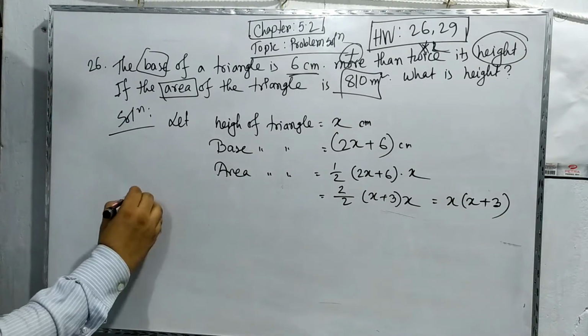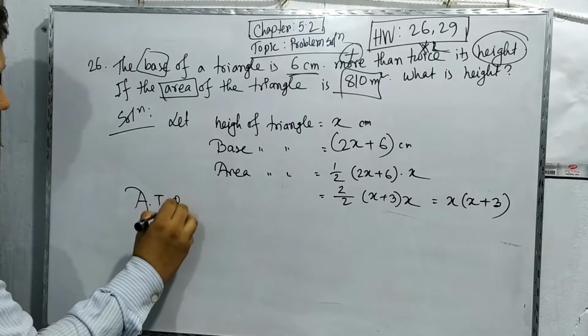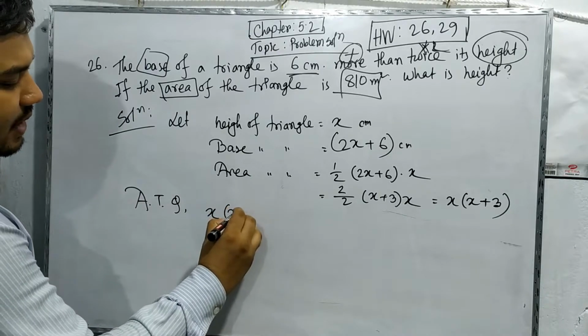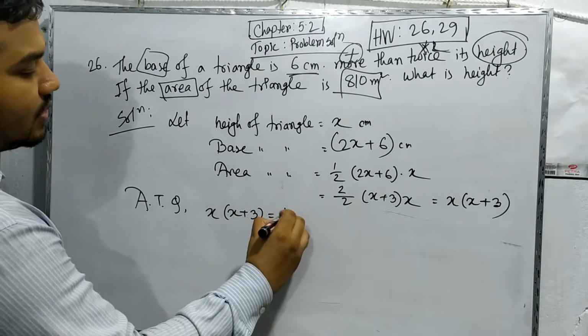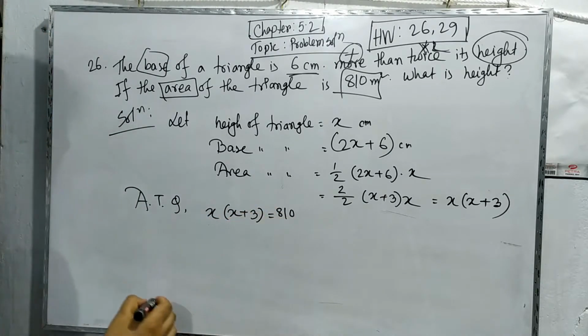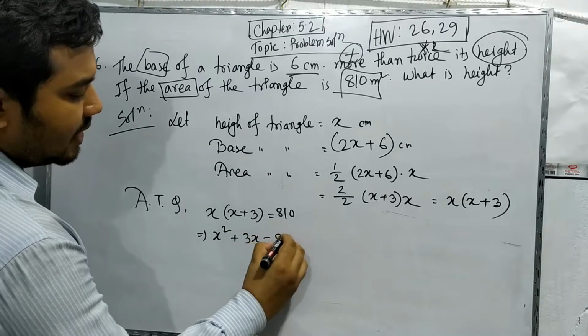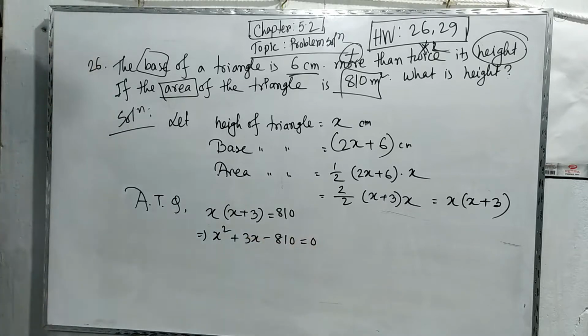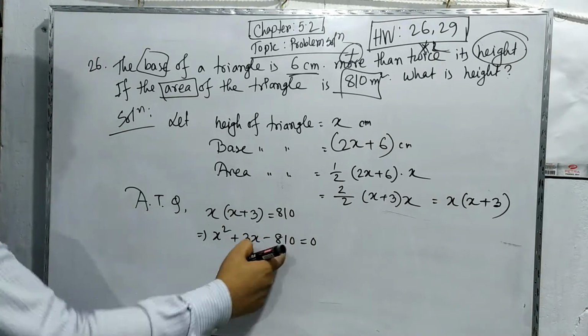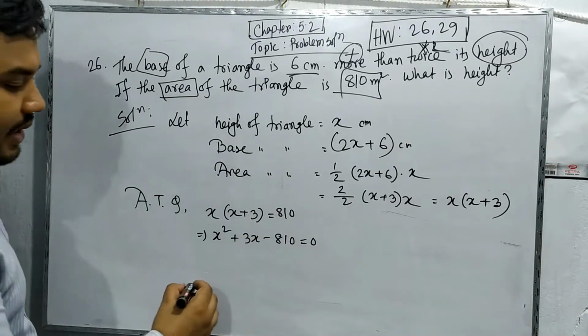So according to the question, x into (x plus 3) equals 810, or x square plus 3x minus 810 equals 0. So 810 can be divided into 30 into 27.